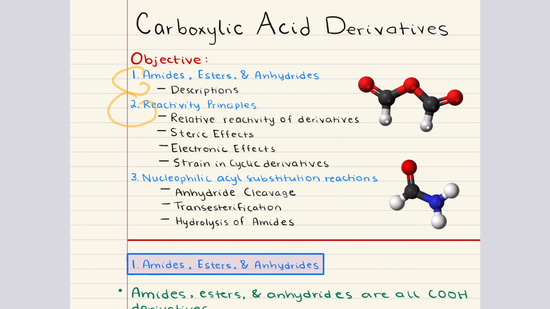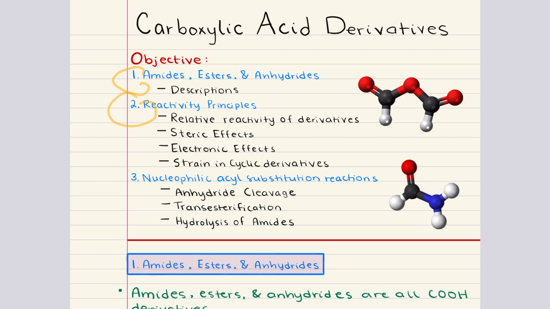Next, we will discuss key reactivity principles, including the relative reactivity of different derivatives, the impact of steric effects, electronic effects, and the role of ring strain in cyclic derivatives.